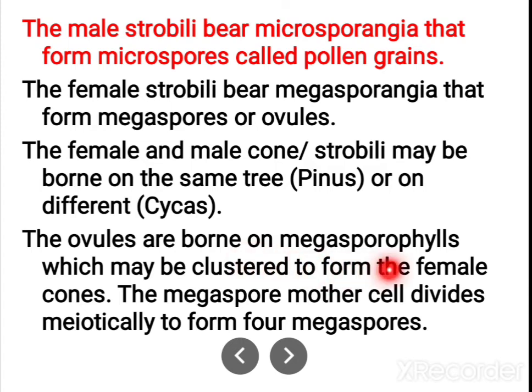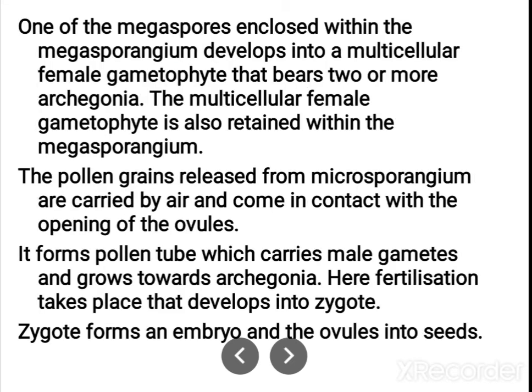The ovules borne on megasporophylls can be clustered to form female cones, and the megaspore mother cell divides meiotically to form 4 megaspores. At the end of meiosis, normally 4 daughter cells are formed. In the same way, 4 megaspores are formed here.